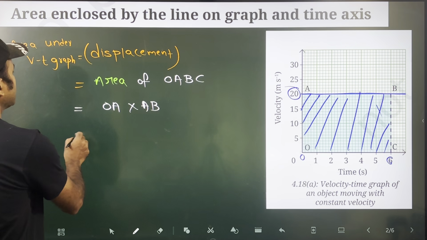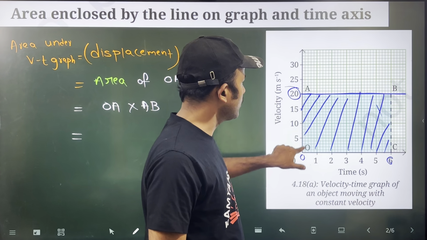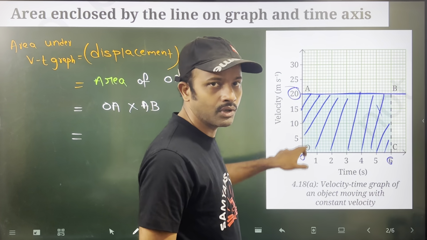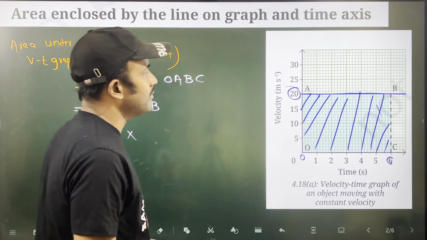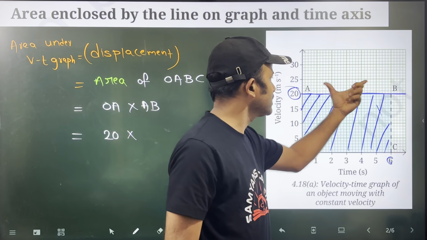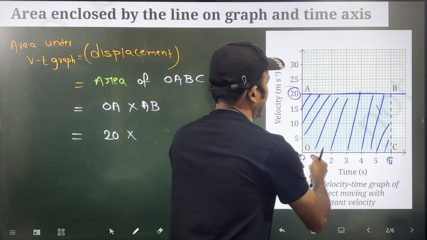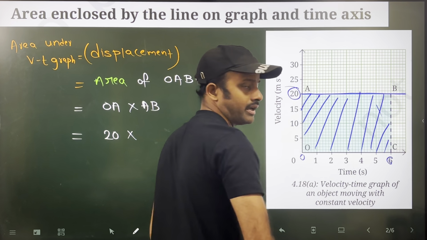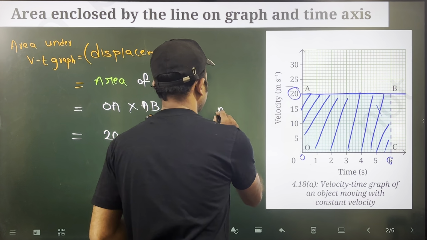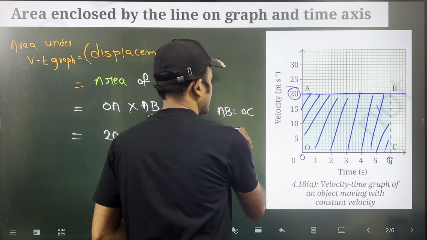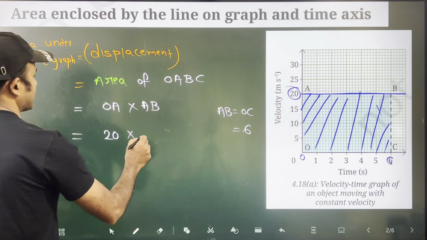So what is the length? The OA value, O to A. From here to here, 0 to 20. It will give the value 20. OA value is 20. AB value is the time value from 0 to 6, matching with the OC value, which is 6.